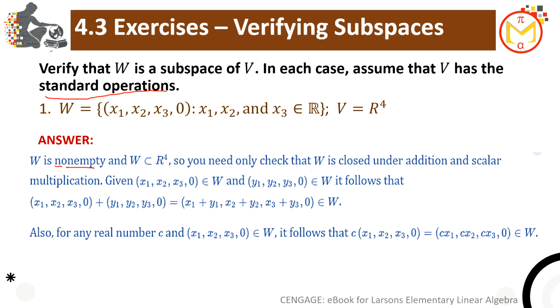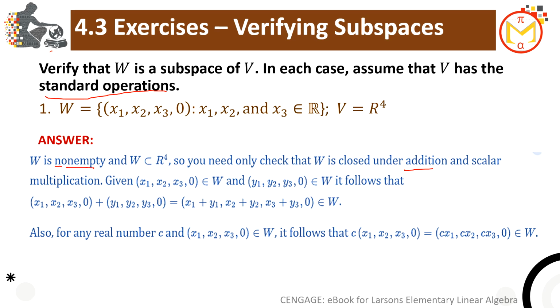So you need only to check that W is closed under addition and scalar multiplication. Again, no? In the operation, you need to do these two operations: addition and scalar multiplication. And you also have to prove that it passes through the point 0, 0, 0, or the origin.